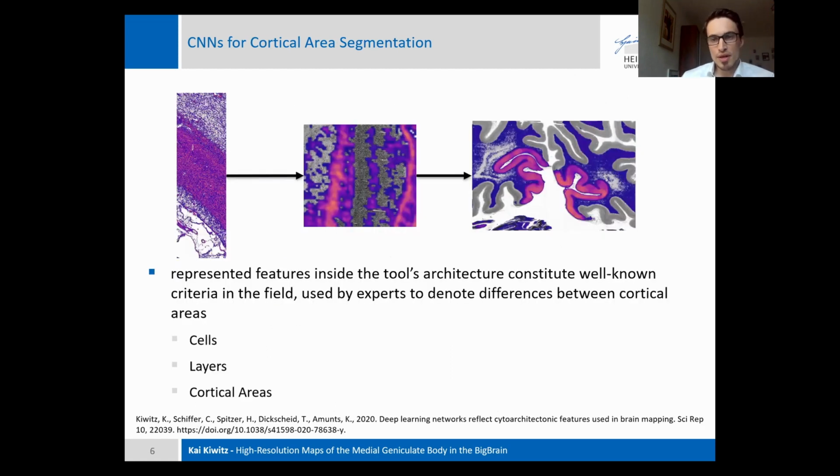What we were then interested in, after we had seen these first great results, is how this deep learning-based tool actually operates. And what we've been able to find is that there are resemblances inside the tool's architecture to well-known cytoarchitectonic criteria that are used by neuroanatomists to denote differences between cortical areas.